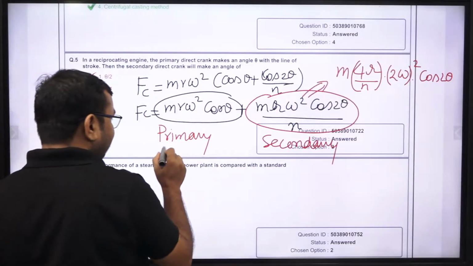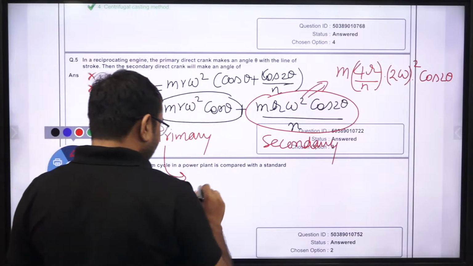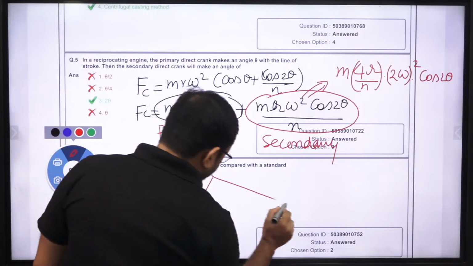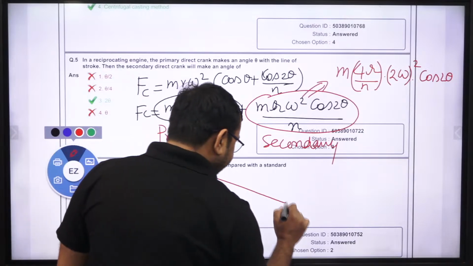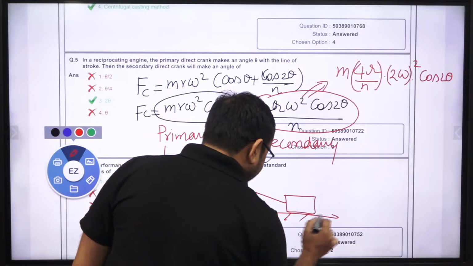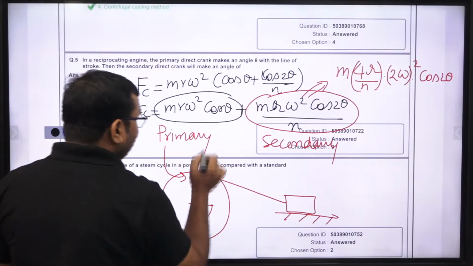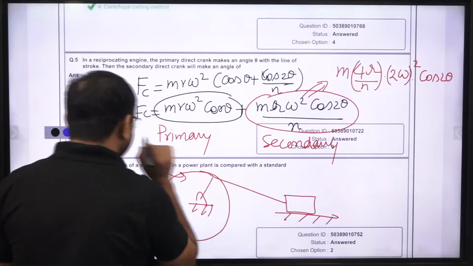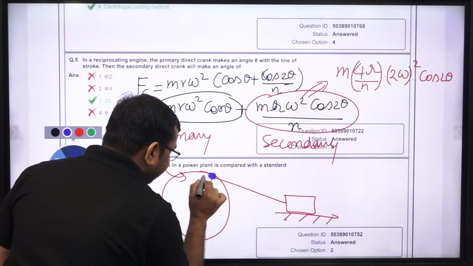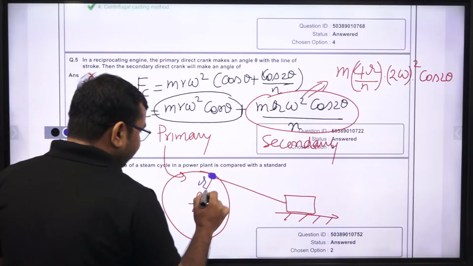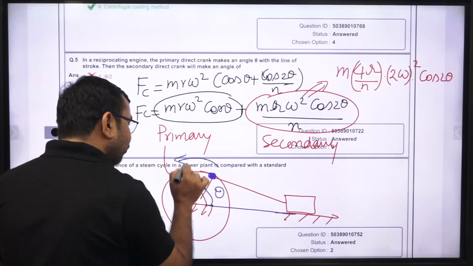So let's see first one by one. If I describe the primary force first, obviously you have this system. This is the crank, and here we have a piston cylinder arrangement. Here we assume the whole mass of the piston is concentrated somewhere here, which is situated at a distance of r, and it makes an angle theta from the horizontal, and let's say it rotates with omega.